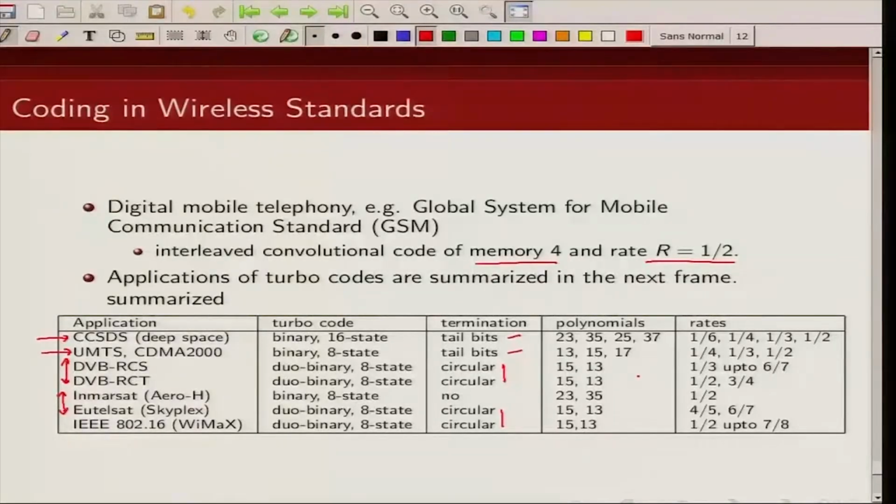These are what is known as tail biting encoders, so their starting and ending states are the same. The trellis is like a circular trellis, so they do not need any termination bits. These are the code generator polynomials in octal notation and some of the rates that have been used for these codes.